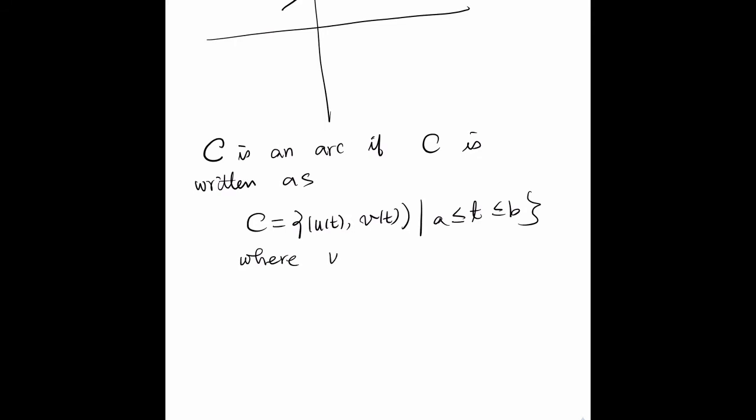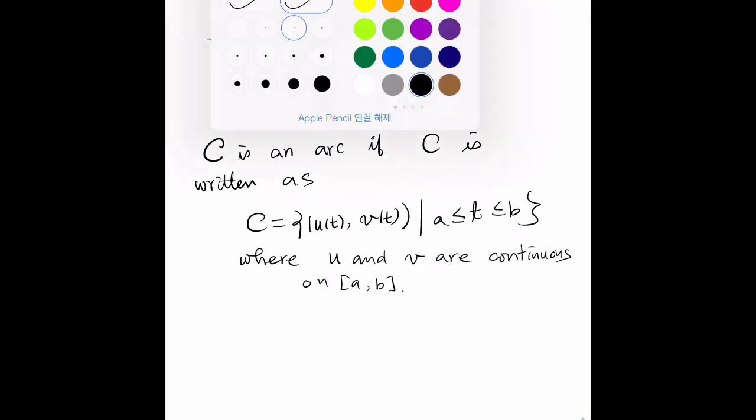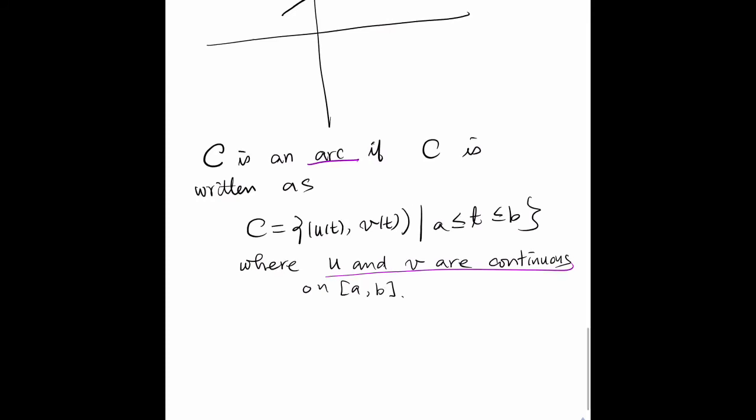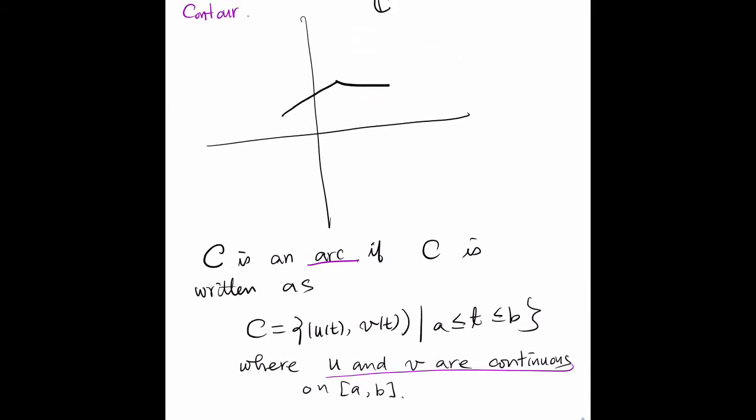Okay, u and v are continuous. So for an arc, we are assuming continuity. So this would be an arc, right? This is an arc.